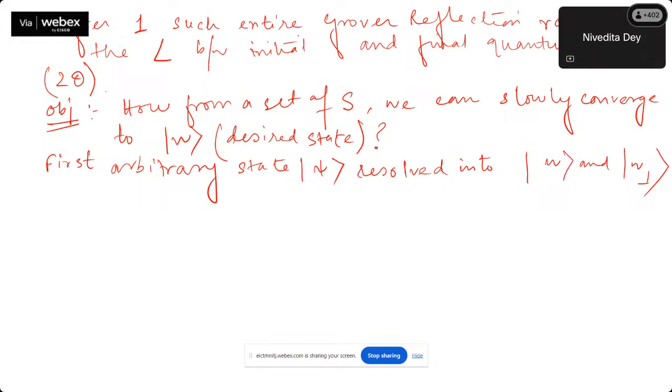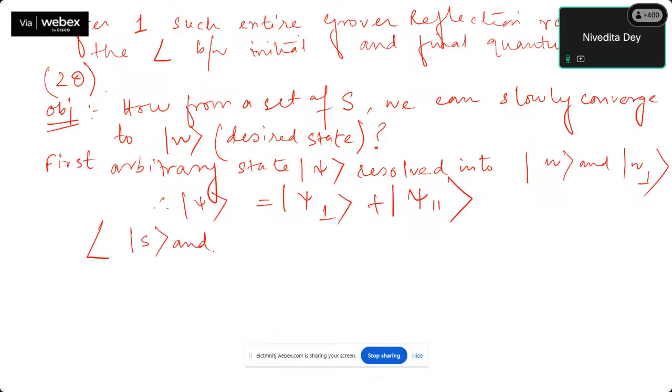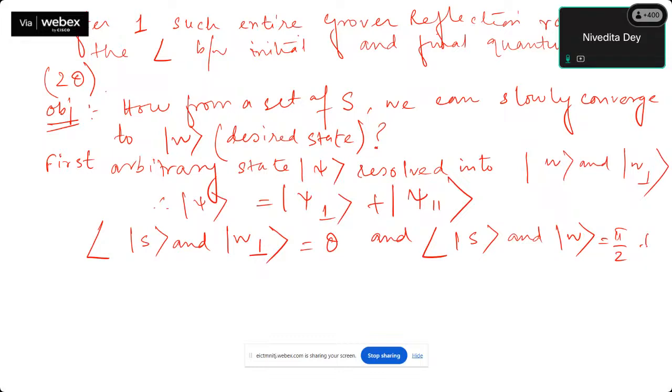Therefore, your psi is equal to psi parallel plus psi perpendicular, and the angle between S and W perpendicular is basically theta, and the angle between S and W is pi by 2 minus theta. So this is the thing. Now say we have a 4 input data.